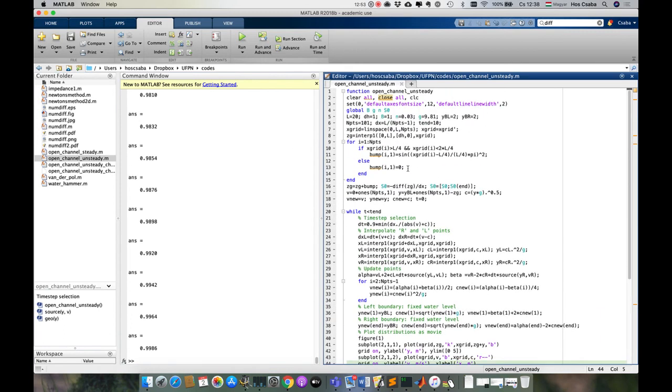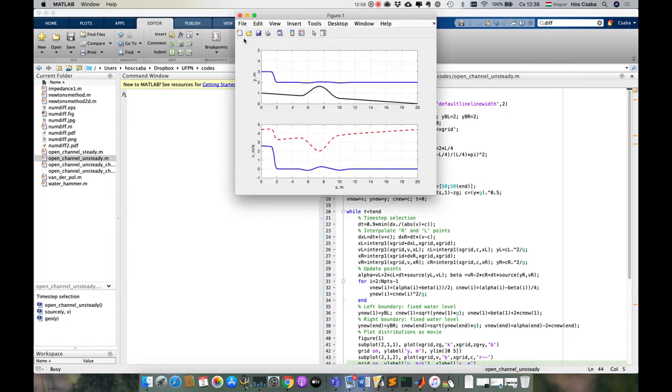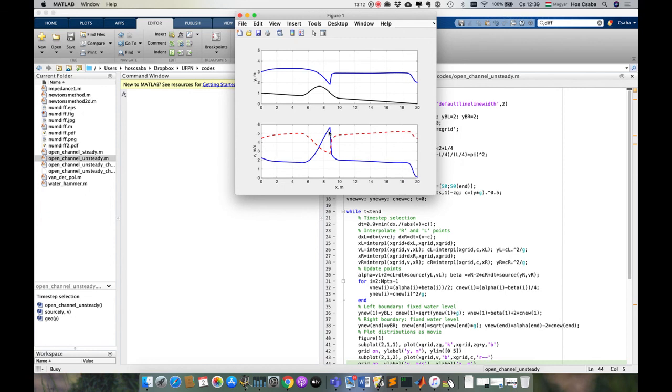So here is the code itself, and I will start running it. Okay, so what you see on the upper side, you have the water depth. On the lower, you have the velocity and the wave celerity. Wave celerity is the red one.